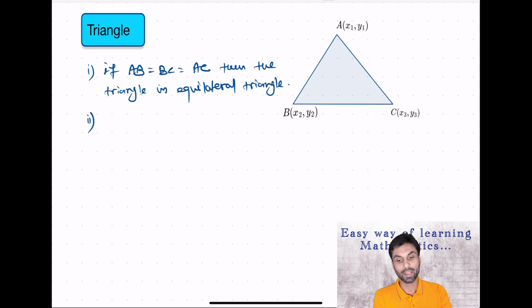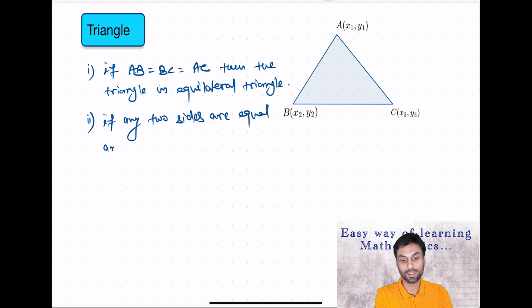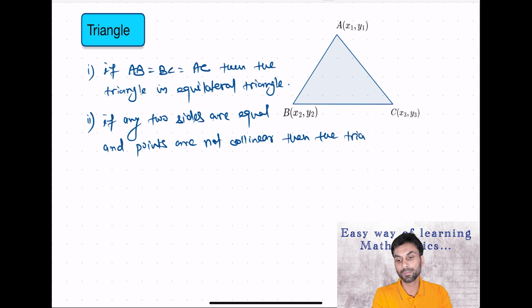Second, if any two sides are equal and the points are not collinear, then the triangle is an isosceles triangle.